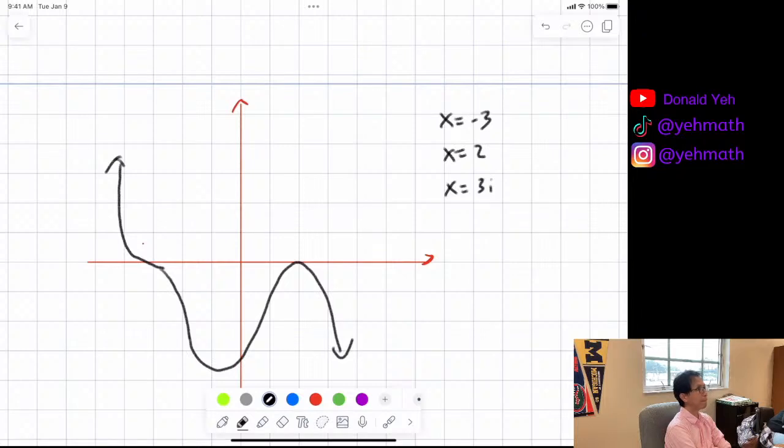No. Armin? You're just guessing. You guys are just guessing. What's the point of guessing if you don't understand? What's the minimum degree of this polynomial? Huh? Nope. What is the minimum degree of this polynomial? Yes?